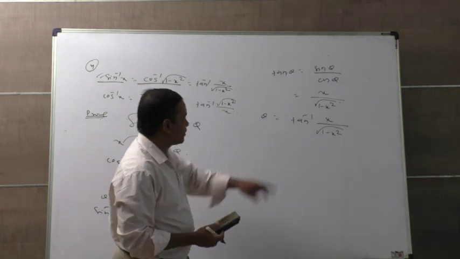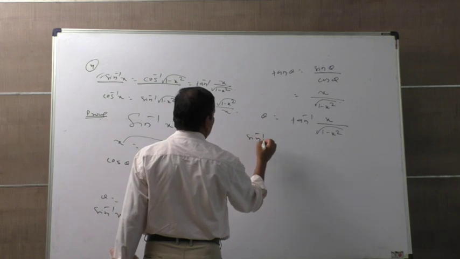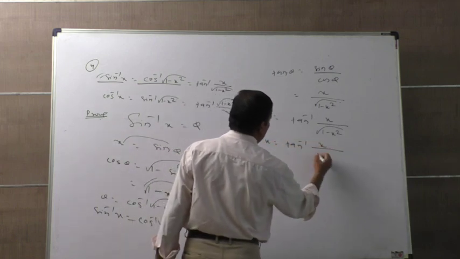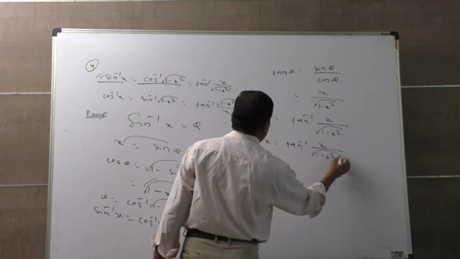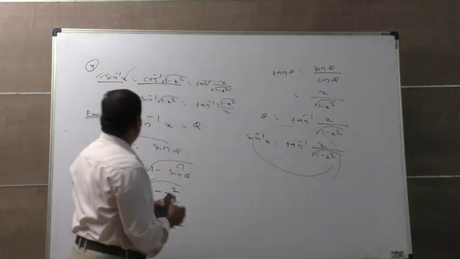We have taken theta as sin inverse x. That is sin inverse x is equal to tan inverse of x by root of 1 minus x square. So this is the whole proof. Take a small example.